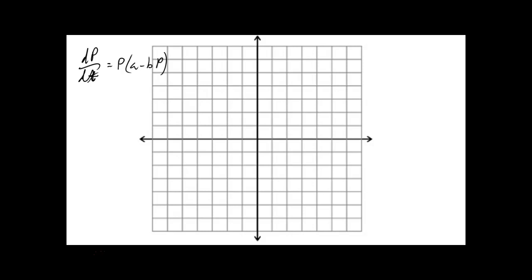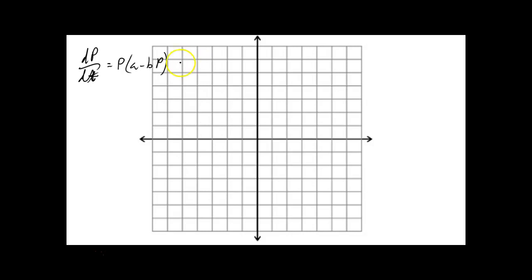At that point, the slope of the line is 0. And what is the slope? The rate of change, the first derivative. When the first derivative is equal to 0, dP/dt is equal to 0, that means the right-hand side is equal to 0.